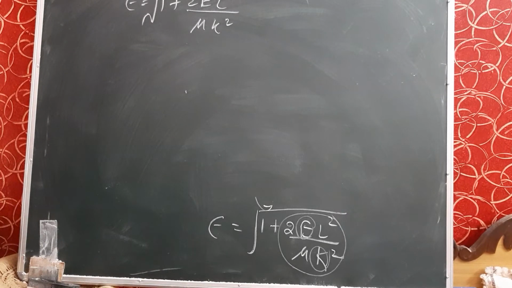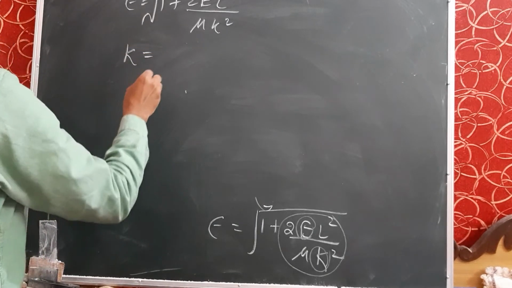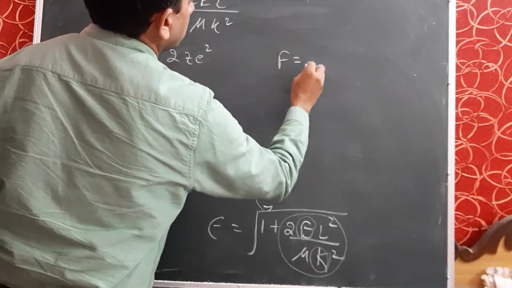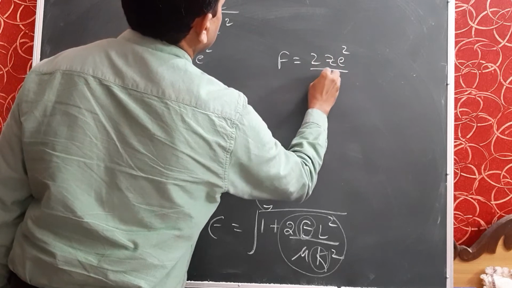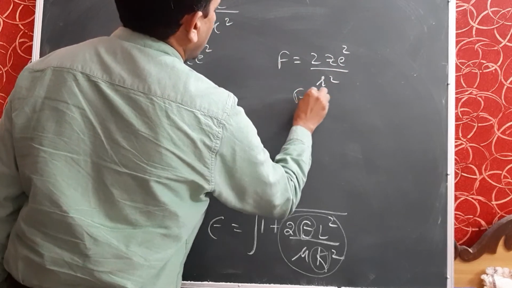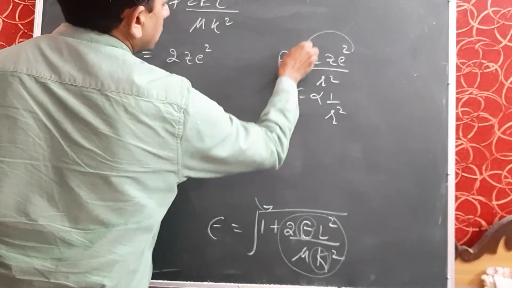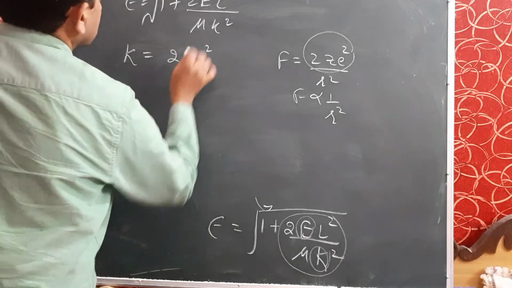So what are L and k? K is 2z e square, because from equation 1, F is equal to 2z e square upon r square. F is proportional to 1 by r square, and the proportionality constant is k. So k is 2z e square.